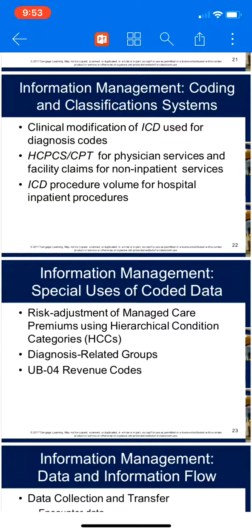Dropping down to that next paragraph. In 2004, CMS implemented a more comprehensive model that considered all sites of service, not just inpatient hospitalization, as well as other traditional risk adjustment factors such as age and sex. The new model uses selected diagnosis codes to place patients into groups known as hierarchical condition categories, or your HCCs.